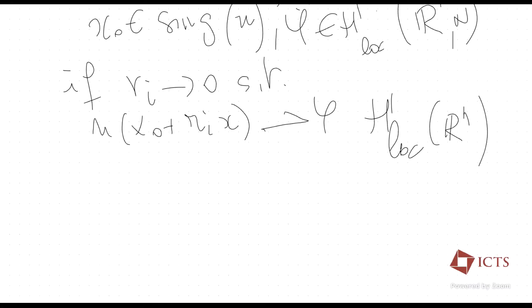Well, you don't know if the map will be x over mod x, but if x naught is a singular point, say the origin, phi should be x over mod x.